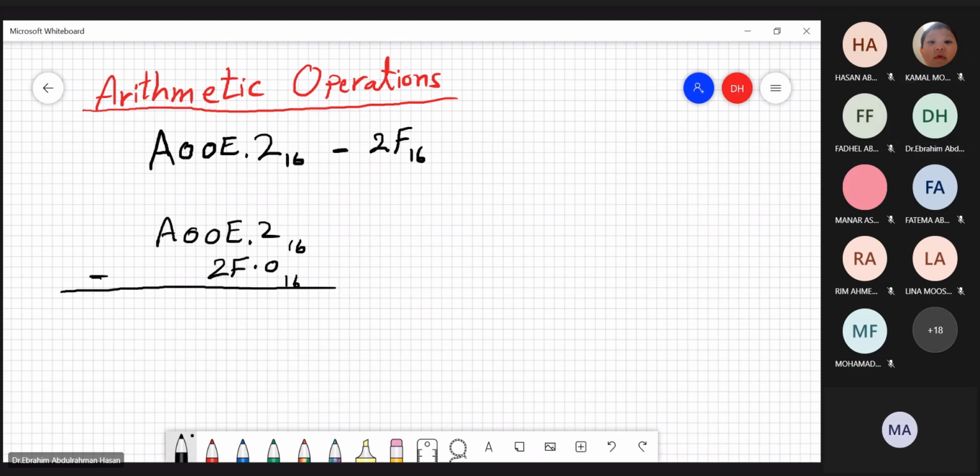A simple way is to change this one to decimal and this one also to decimal, then subtract the second one from the first one. If you do this, you will get 40974.125.